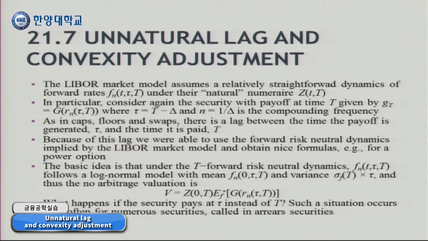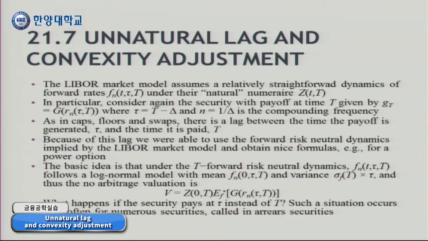And we have two times, tau and T. Tau is T minus delta, and delta is like 6 months, or 1 quarter, or 1 month. If we define n as the inverse of delta, it is 2 in the case of half year, 4 in the case of quarterly frequency.